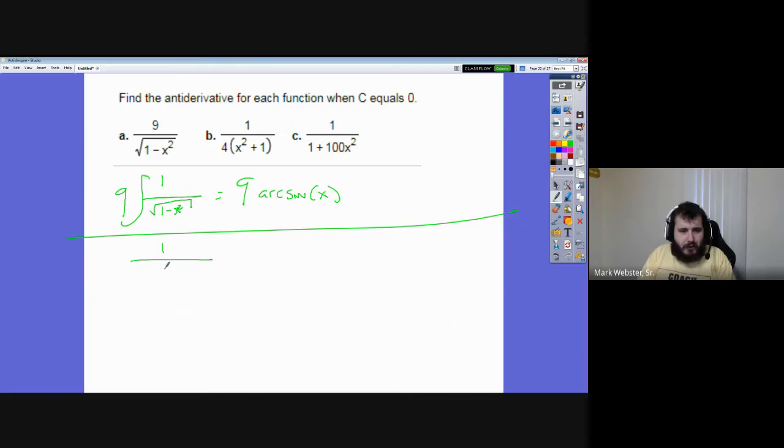You just pull out that 4 and then do your integral of 1 times 1 plus x squared. So this is just 1/4 arc tangent of x. And again, plus c, but c is 0. We don't need to do the plus c for this one. And don't forget your dx's, I guess, with respect to x.